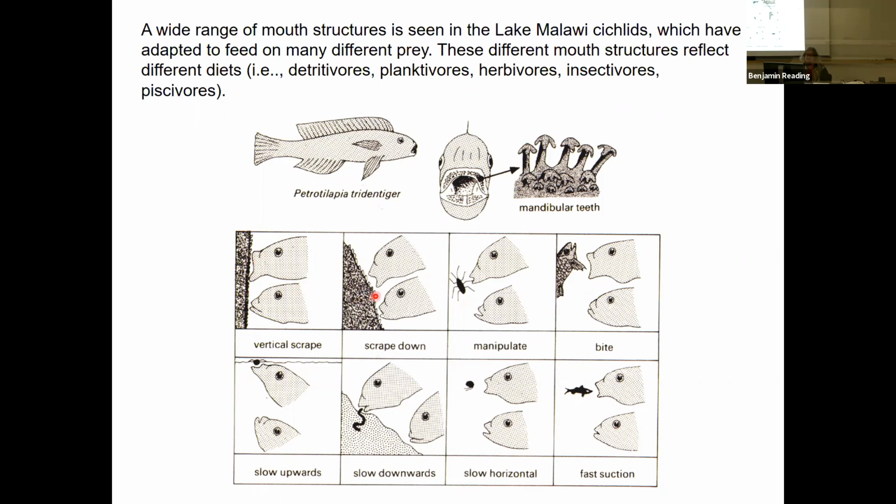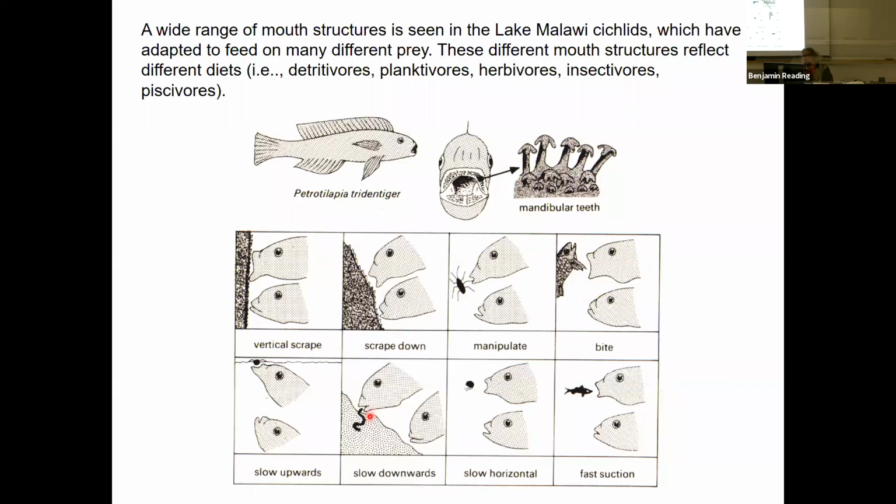Some mouths are designed to scrape at a downward angle, more designed to feed off of the benthos. Some are designed to manipulate things such as insects, so insectivorous. Some are designed to bite, taking off pieces of other fish or fins. Some are designed to feed at the surface, with a superior mouth.